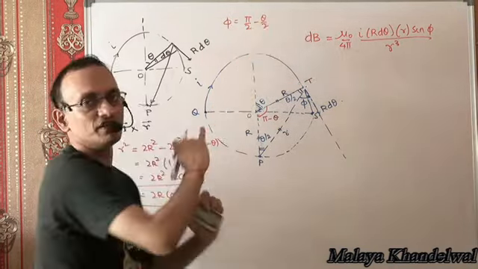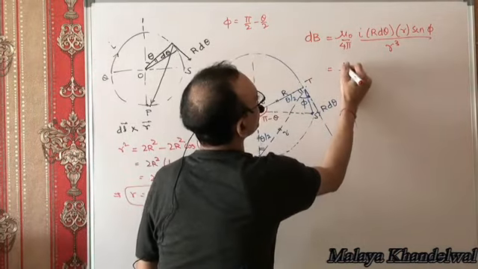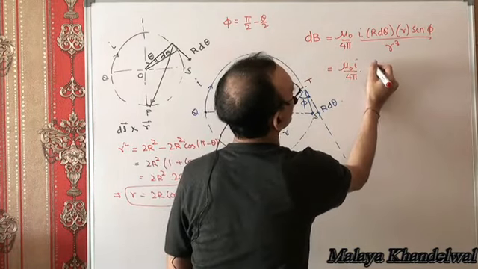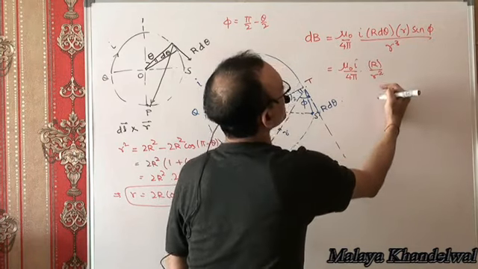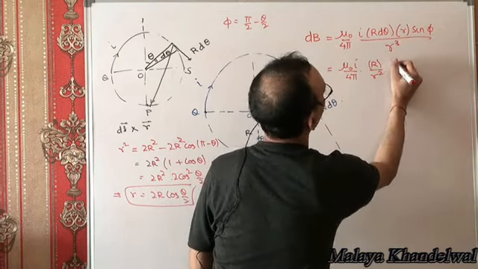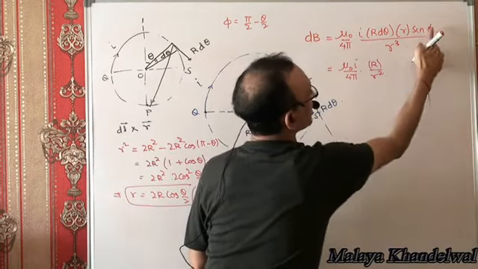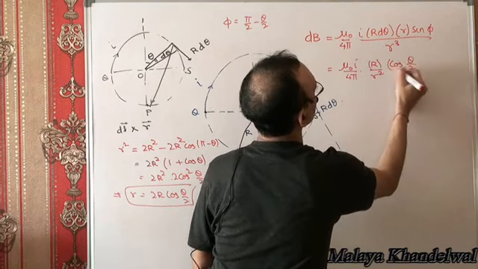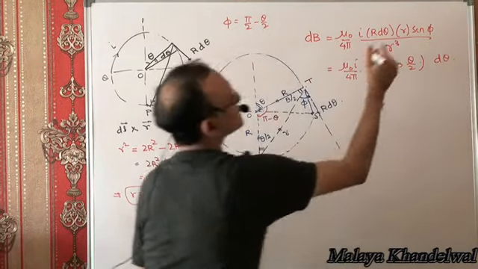Right? So let me write everything in terms of θ. Now this will then become μ₀ I by 4π, R by r squared, sin φ is sin(90 minus θ by 2), so that makes it cos θ by 2, into dθ. Yes or no?